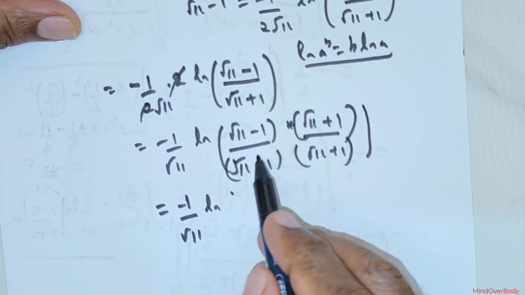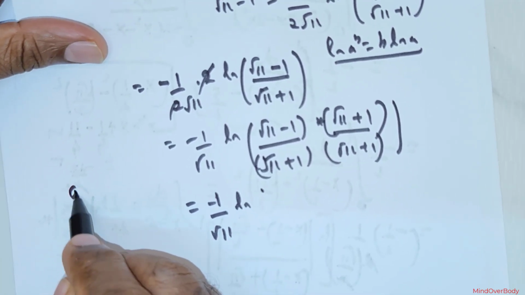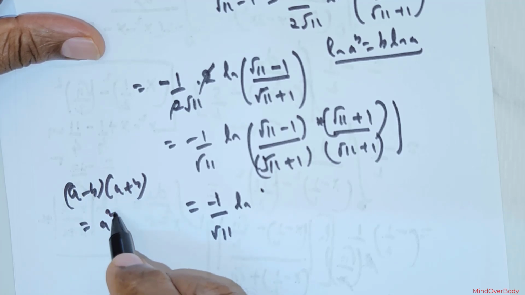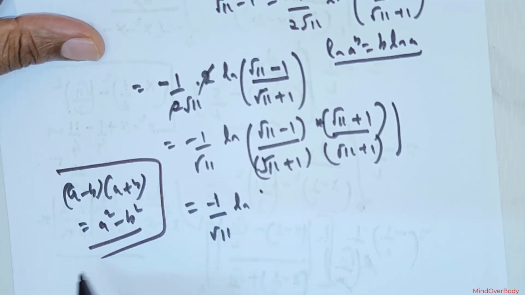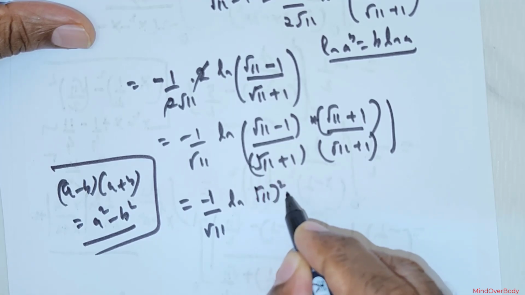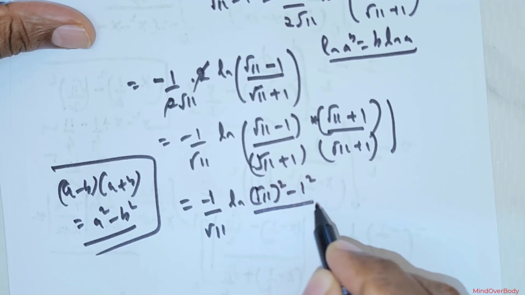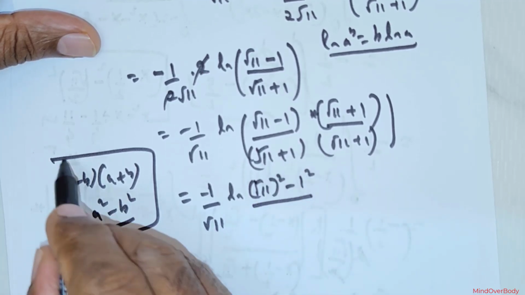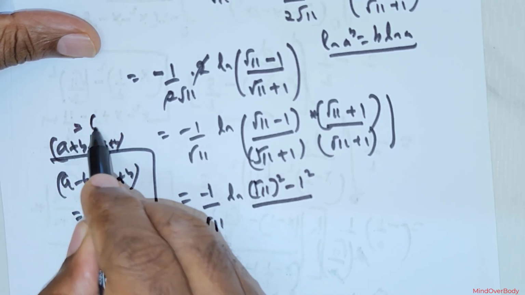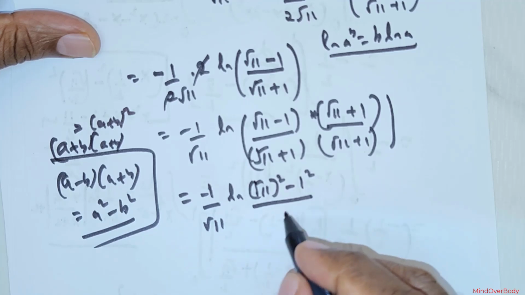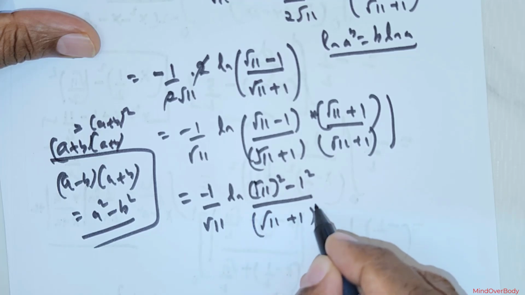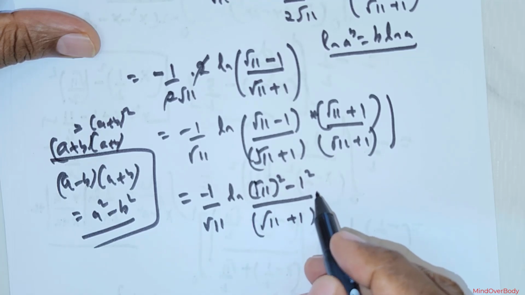Ln of, now we can utilize this formula: A negative B multiplied with A positive B would give you A squared negative B squared. So utilizing this, I would have root of 11 squared negative 1 squared divided by, now this is A positive B multiplied with A positive B, that would give us A positive B whole squared. So this is going to be root of 11 positive 1 whole squared.